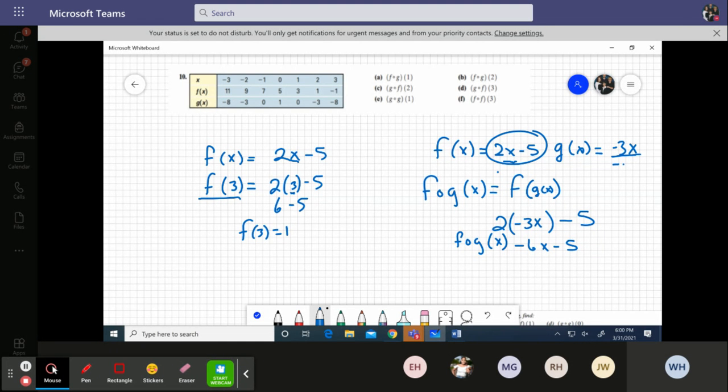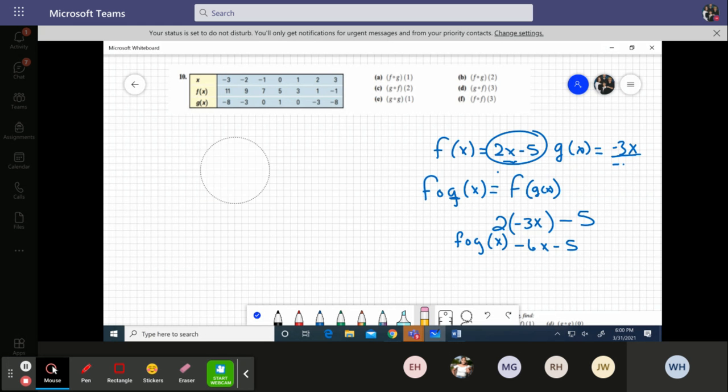All right, so just some practice on that using a table. Remember, we work from the inside out, right? So when I'm looking at f of g of x, I'm going to start with my g of x. So I have f of g of 1, trying to write it the same way the book does.